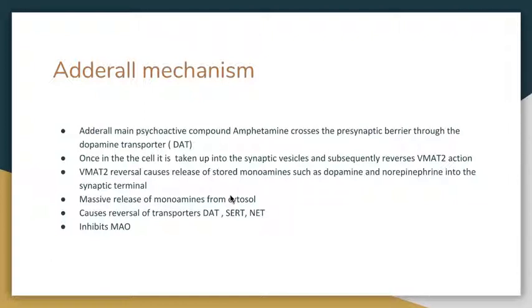So these are inhibited. Basically, the monoamines can't be recycled, and there are more of these neurotransmitters present inside the synaptic cleft. So instead of reuptake, they actually do the opposite. They take the monoamine from the presynaptic neuron and they almost shoot it out the transporter, basically shoveling it out.